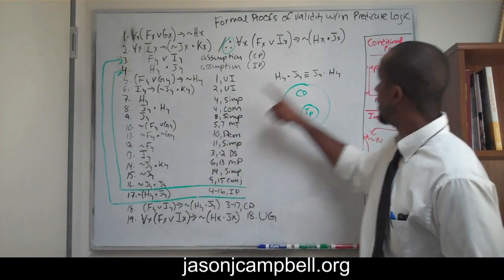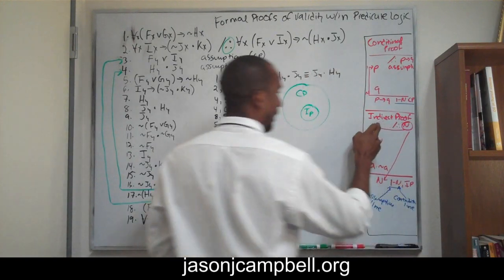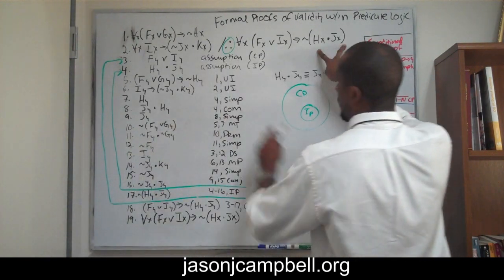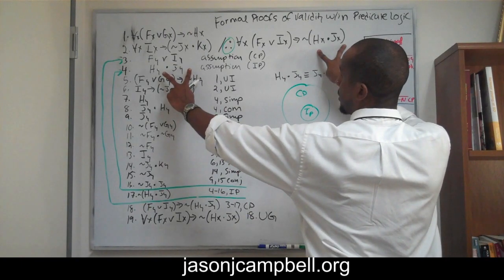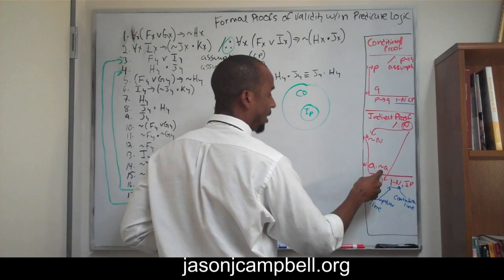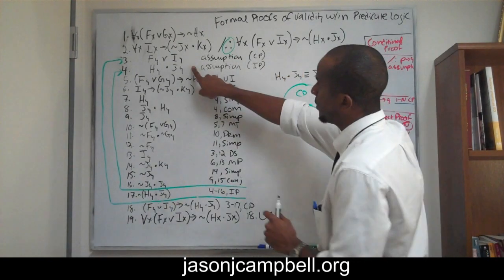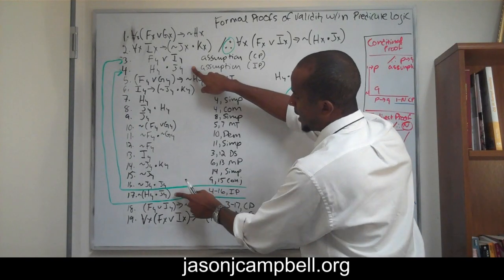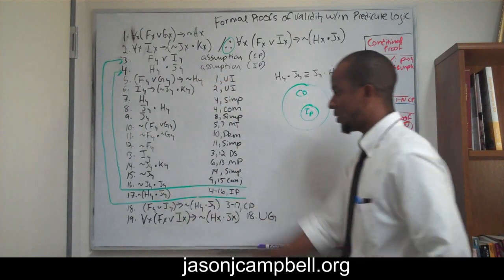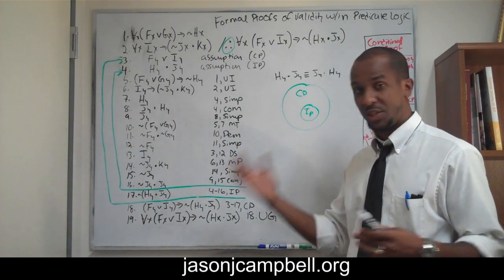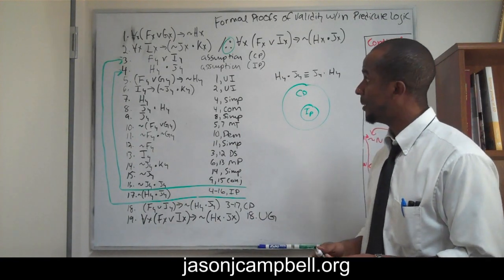So that's how that ties up. In an indirect proof, you assume the negated conclusion, and then we derive the contradiction. Assumption from the negated conclusion, derive the contradiction, and then that tidies that up. And then the rest is just general universal generalization of your initial instantiated claim.